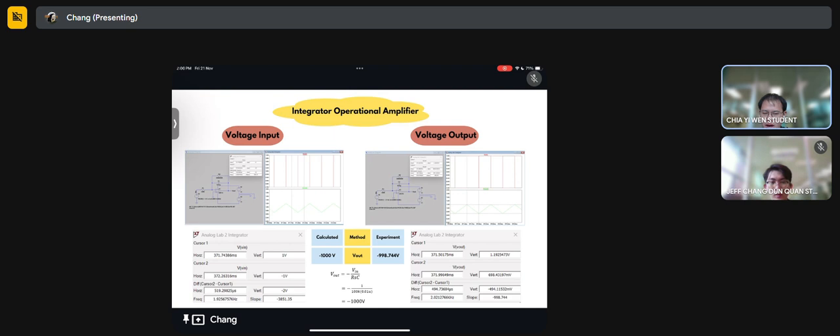The measured output of negative 998.744 watt closely matches the theoretical negative 1000 watt, showing good agreement. The inclusion of the 10 mega ohm resistor is based on the principle of controlling DC drift caused by input bias current and small DC offset.